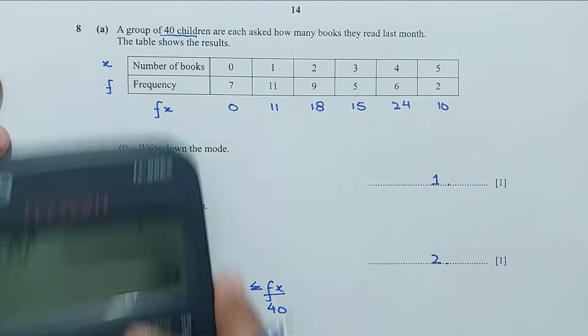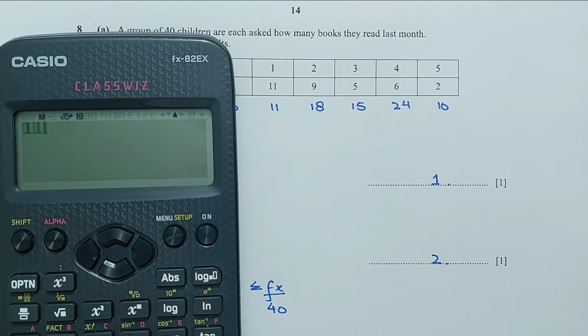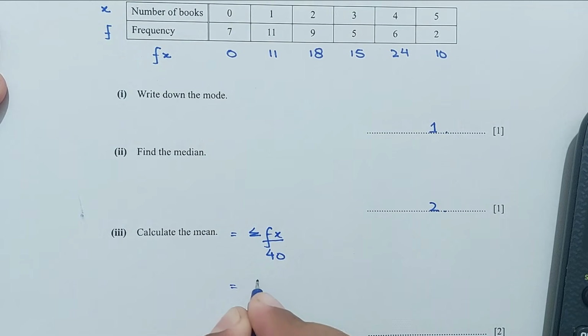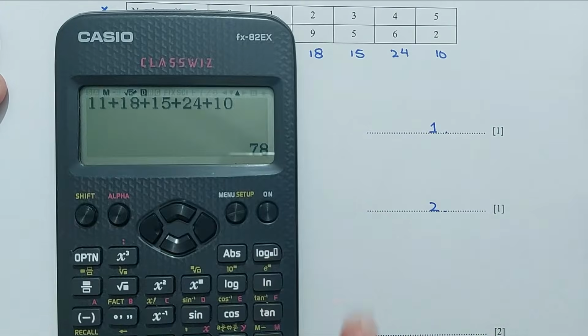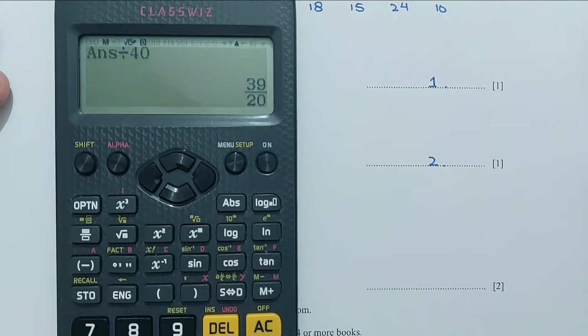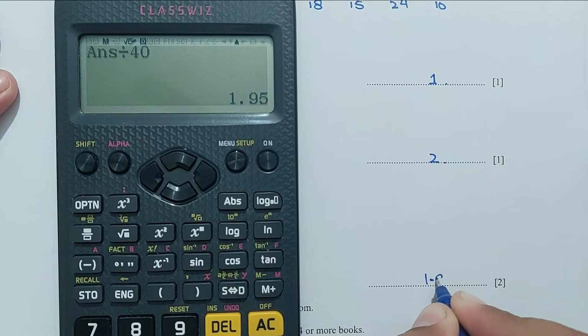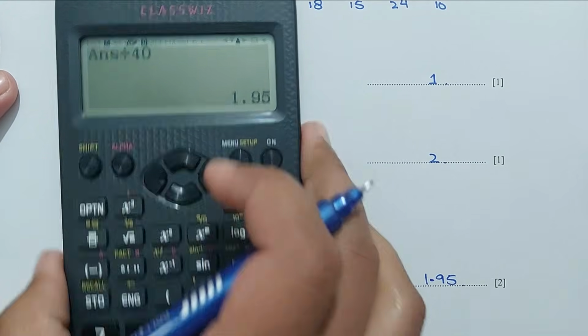Let me do the sum, which is 11, 18, 15, 24 and 10, which is 78 out of 40, divided by 40, and that would be 1.98 is the mean, right?